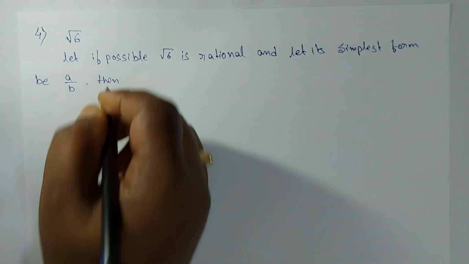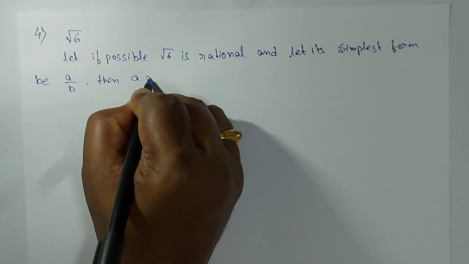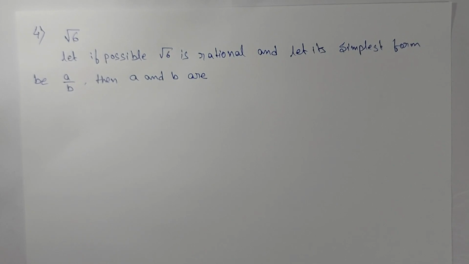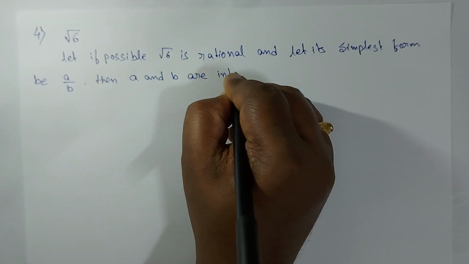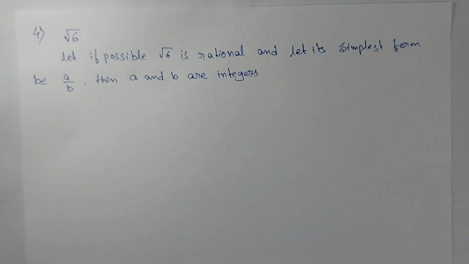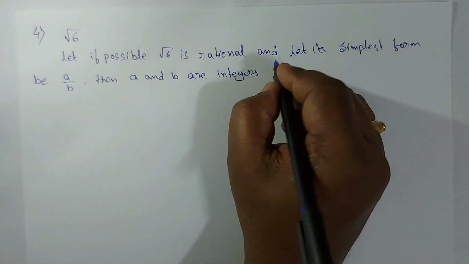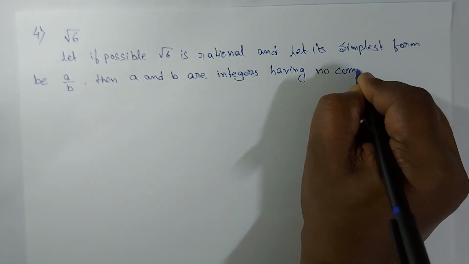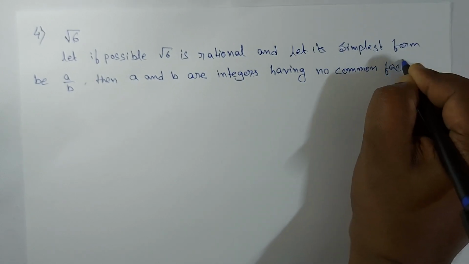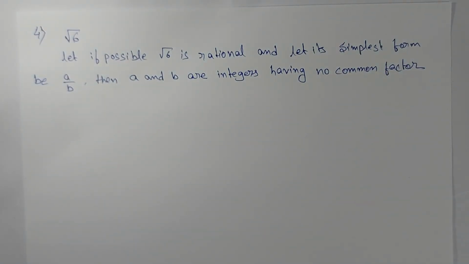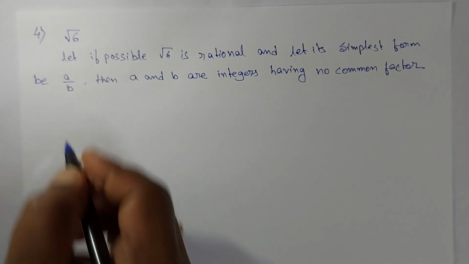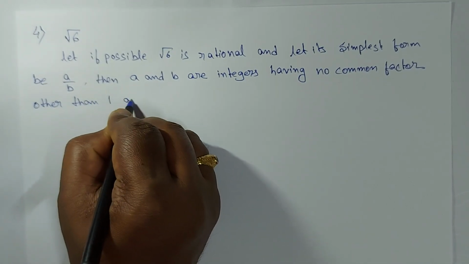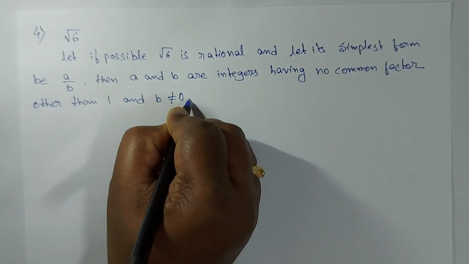Then a and b are integers having no common factor other than 1, and b is not equal to 0.